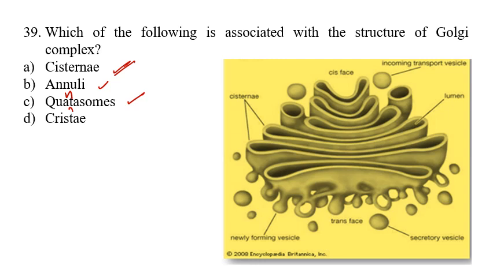Okay. Now comes the cristae. So we all know that cristae is a fold which is present in the inner membrane of the mitochondria. Here the respiratory electron transport chain complexes are present and ATP synthesis is also present. Okay. So for this question, option A is correct.